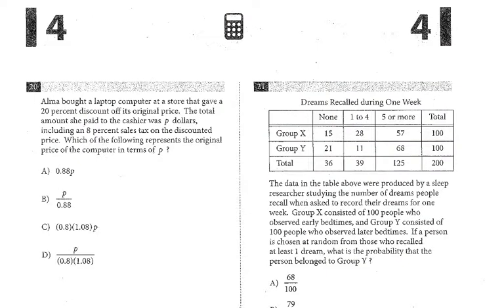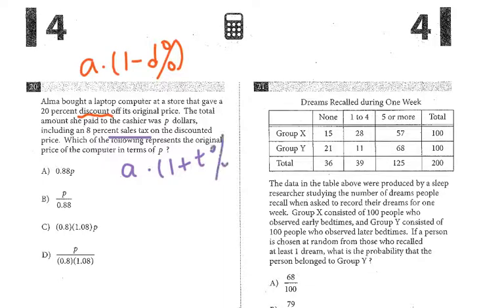For number 20, this question is about discount and sales tax. For any discount, we can use original price times 1 minus the discount percent. For sales tax, what we need to do is original price times 1 plus T%.